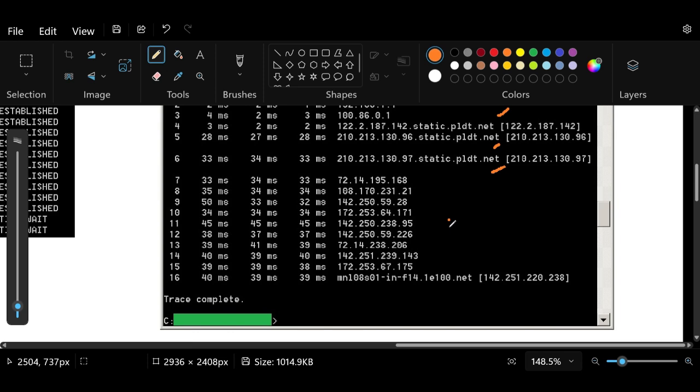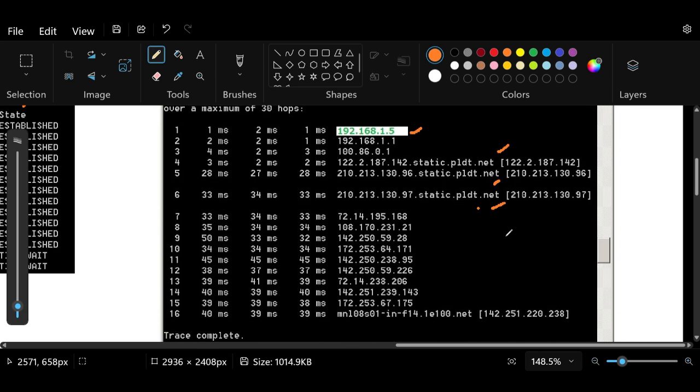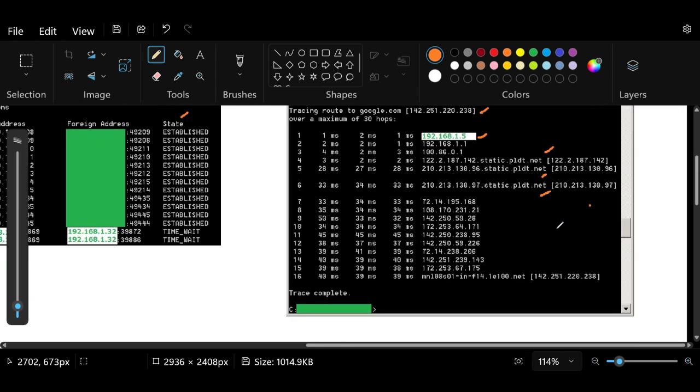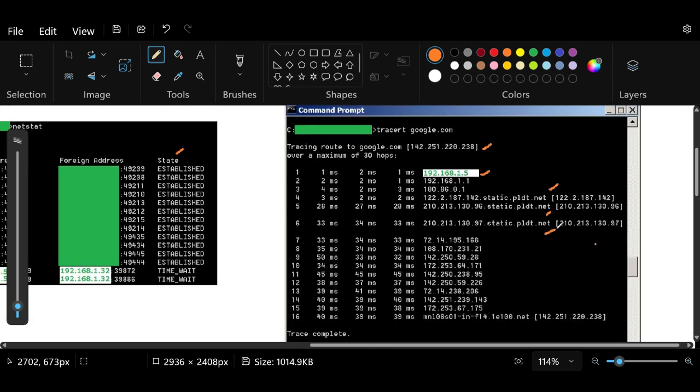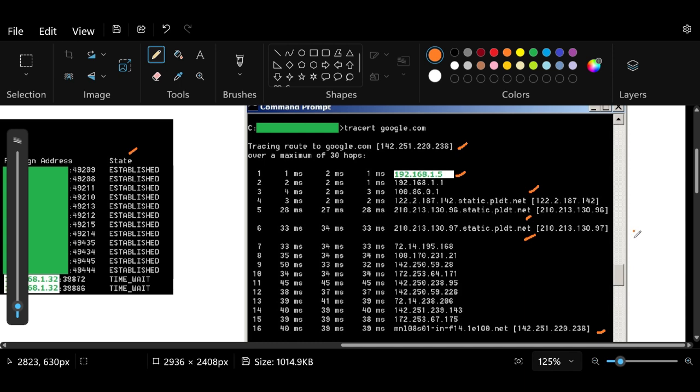I remember that if google.com is this IP address, then it looks like we are connecting to a place here in Asia, likely Singapore, because that should be closest to us.